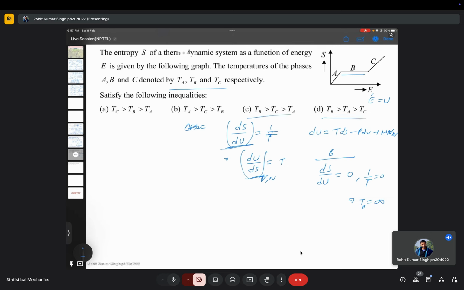Now we see that for C, the internal energy is greater than A. Basically, for phase C, UC is greater than UA. So more internal energy means more temperature, right?